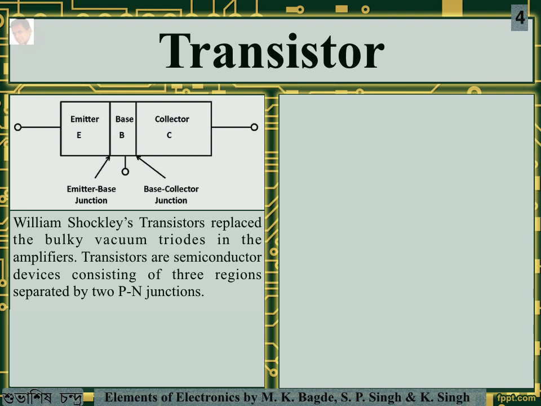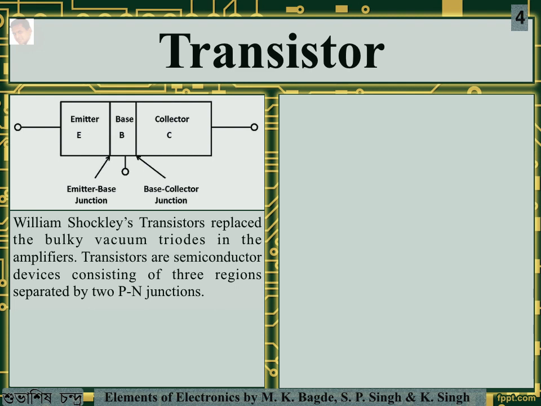Now, the transistor has three parts. We'll start at the center. At the center is the base. It is a very thin layer of about 0.0025 centimeter and forms the central region of the transistor, and it is lightly doped. This region has a polarity different from the other two regions.